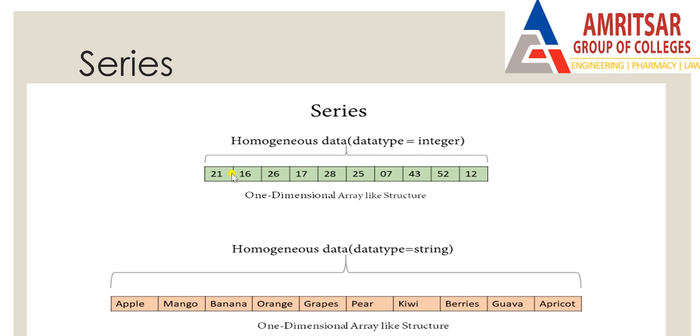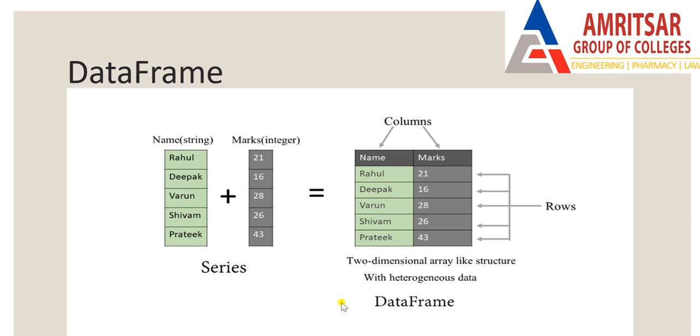Like you can see, there is integer type data in the form of a one dimensional array. Similarly here you can see data in string form, like apple, and it is also a one dimensional array.